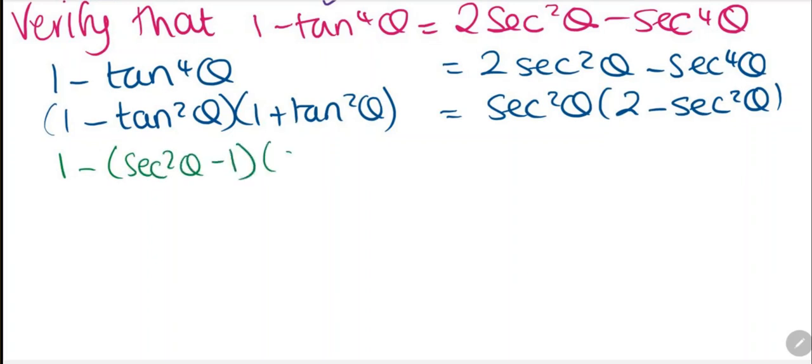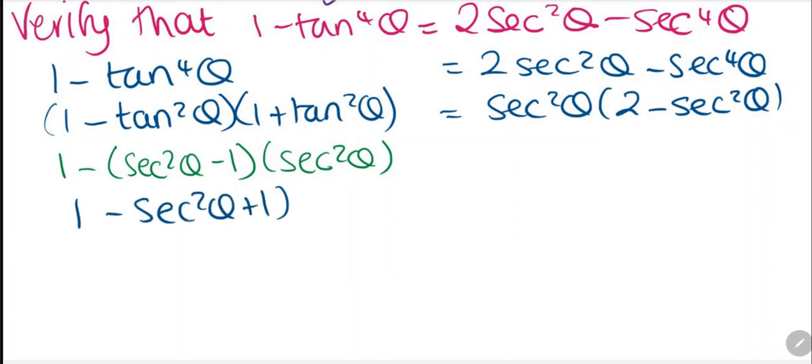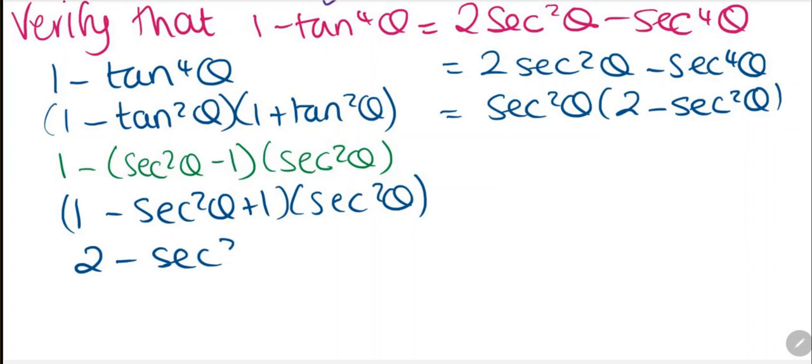And 1 plus tan squared theta is just sec squared theta. And if we multiply this out, so we have 1 minus sec squared theta plus 1 and sec squared theta. So 1 and 1 becomes 2 minus sec squared theta, and we have sec squared theta.